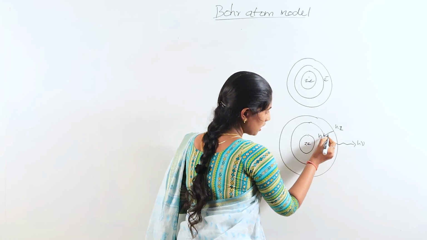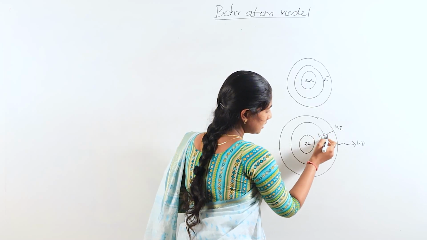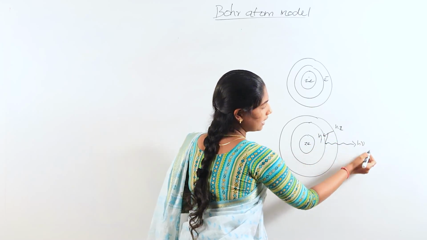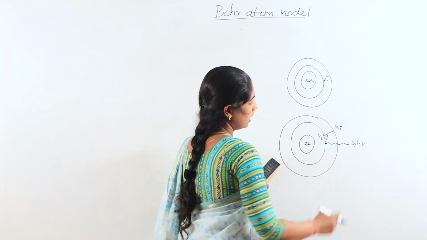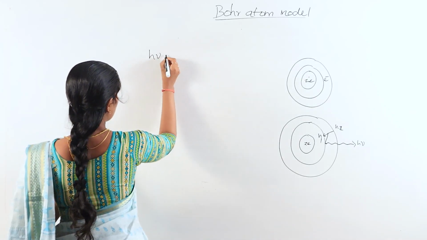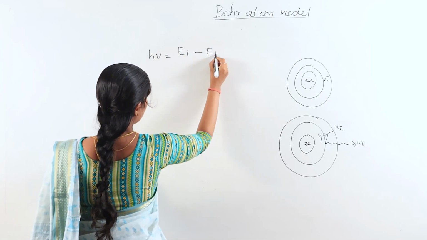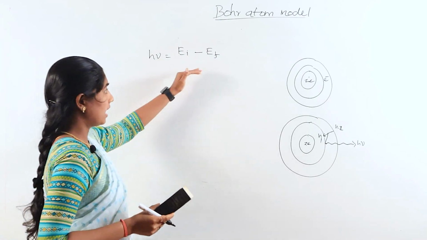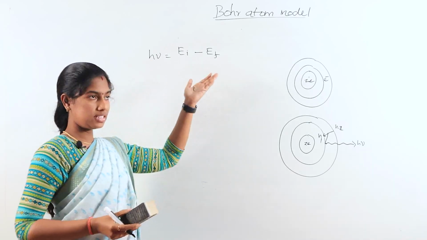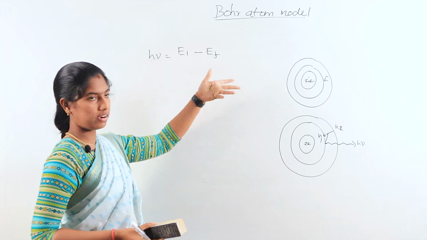When the electron comes from the higher energy state to the lower energy state, it radiates some energy. That energy is h nu, which is Ei minus Ef. Ei and Ef are the higher and lower energy states, similar to the initial energy and final energy.